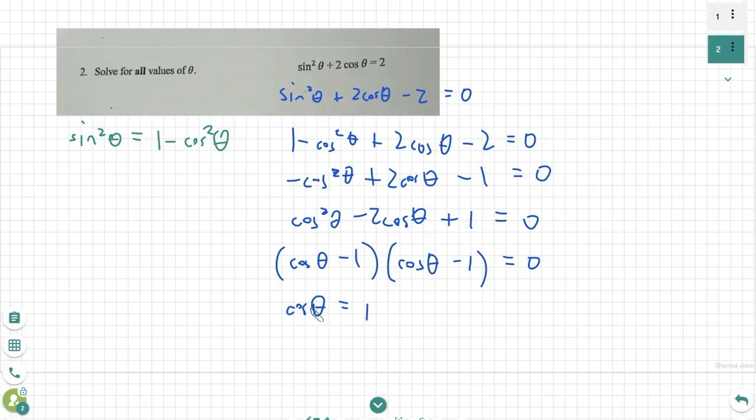Well, what's cosine of pi? Oh, it's -1. So it's just 0. So theta equals 0, plus 2 pi n, right? We need all the coterminal angles. Okay, yeah, that should be it.